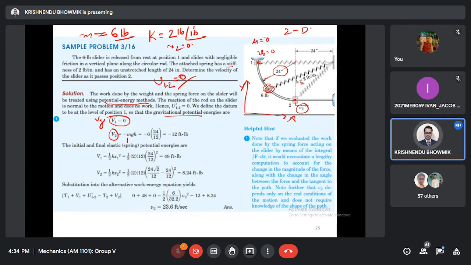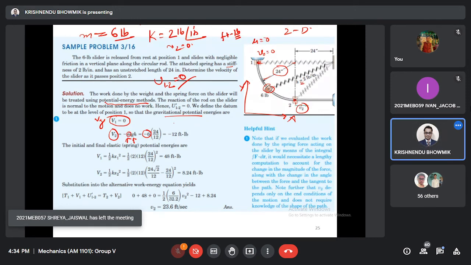Then m is 6, g, let it be everything in foot, pound. Let it be pound, so we consider this as the m directly, pound, not poundal.